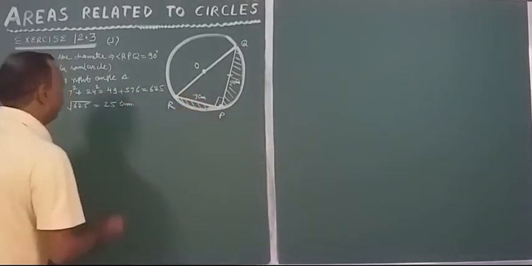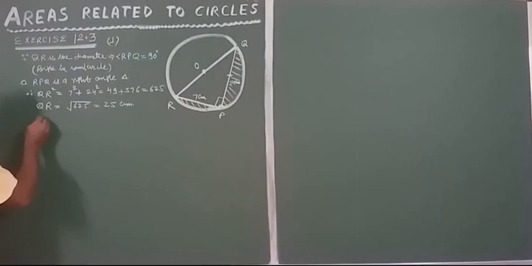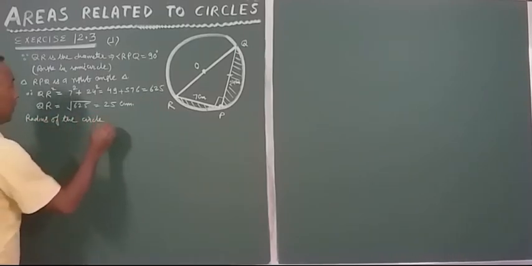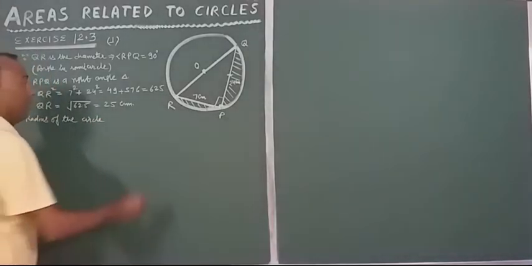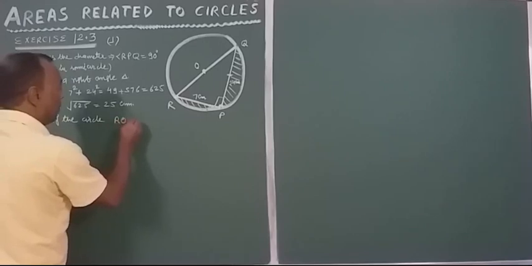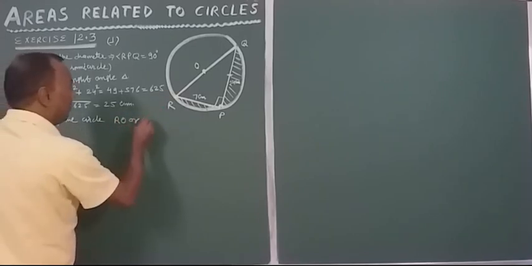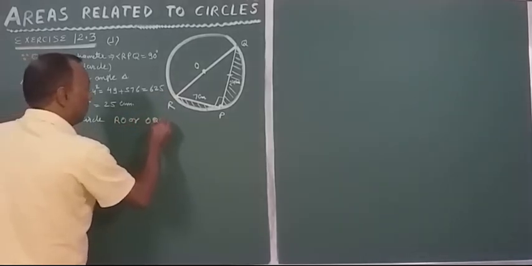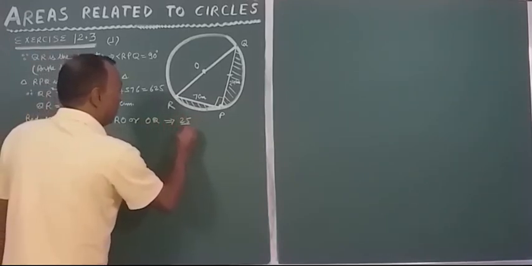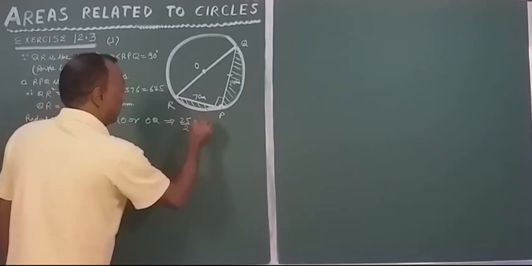Now, what is the radius of the circle? This RO or OQ, this will be how much? 25 upon 2 centimeter.